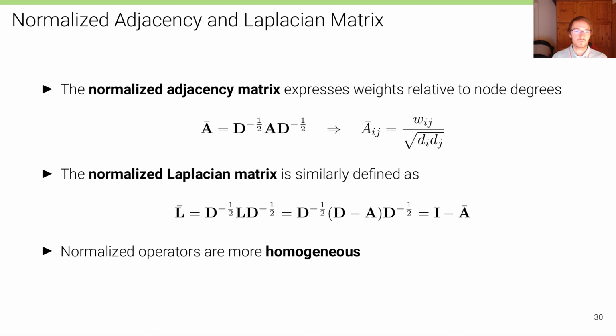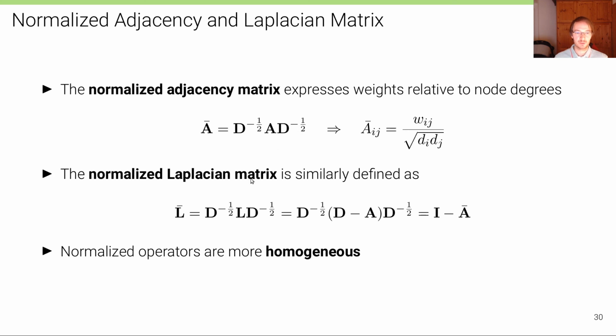We can normalize simply by dividing each element by the square root of d_i d_j, the degrees of these nodes. In matrix notation, we have the normalized adjacency matrix A bar equals the degree matrix to the power of minus 1/2 times the adjacency matrix times the degree matrix to the power of minus 1/2.